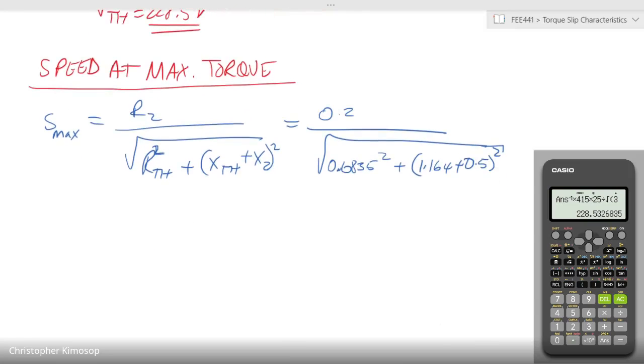So similar calculation: 1.164 plus 0.5, square that, add it to the other one, get the square root, the inverse, times 0.2.